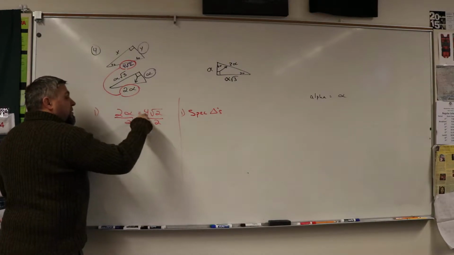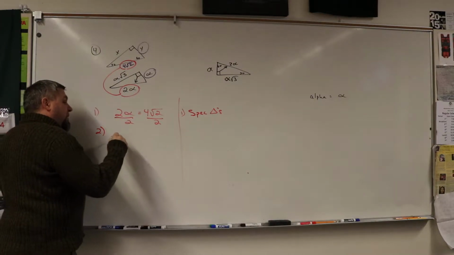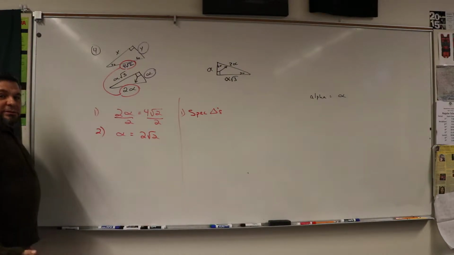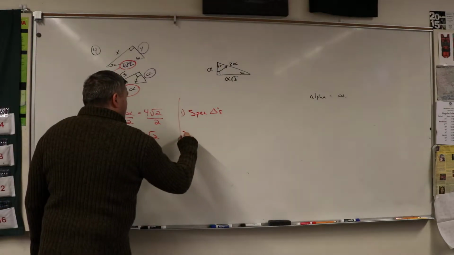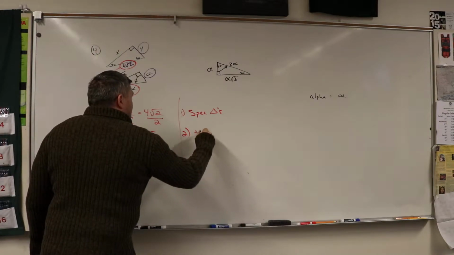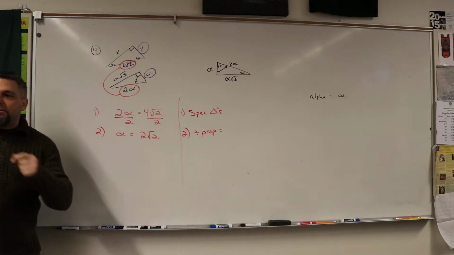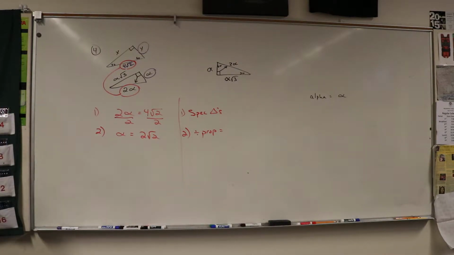So 2 goes into 4 how many times? 2 times. It's that simple. And that is the division property of equality because I did it on both sides. Are we almost done?